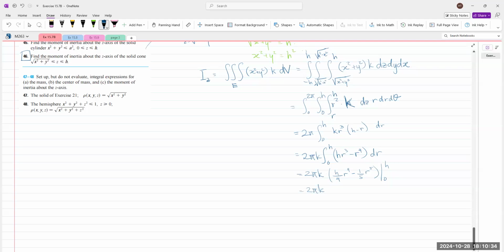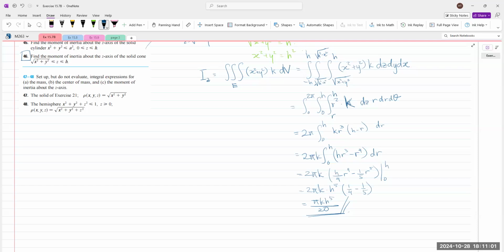So there will be h to the 5th times 1/4 minus 1/5. That's 1 over 20. Okay, that's the moment of inertia about the z-axis.